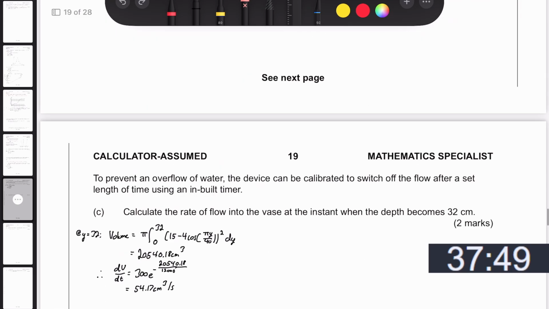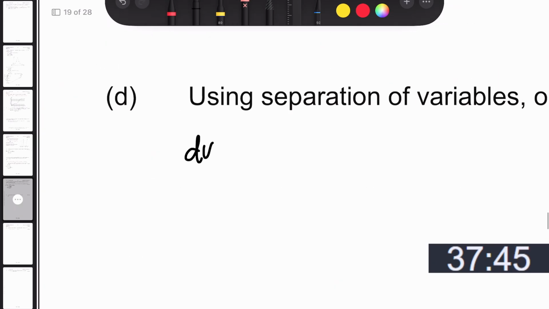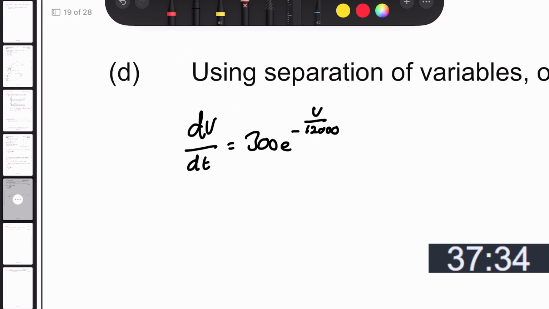Okay, obtain a defining rule for V of t. So we have dV/dt is equal to 300 e to the negative V on 12,000. So let's see here.